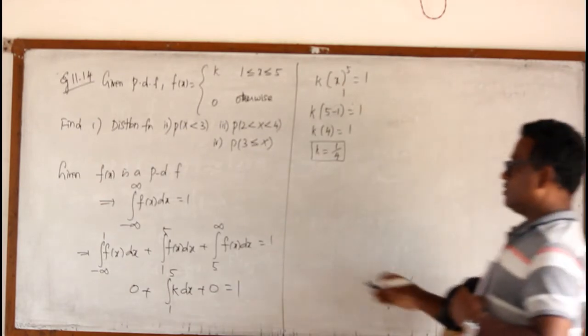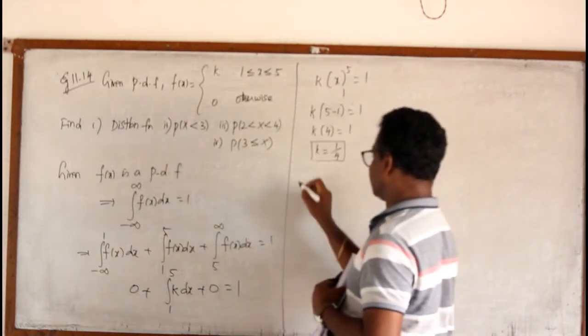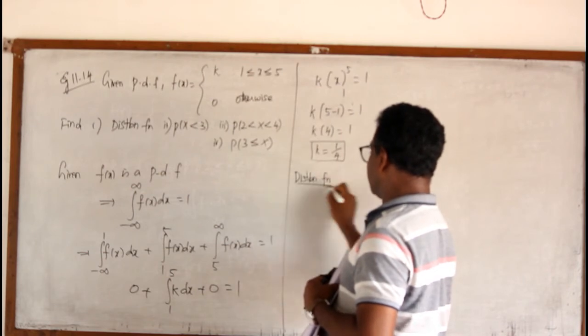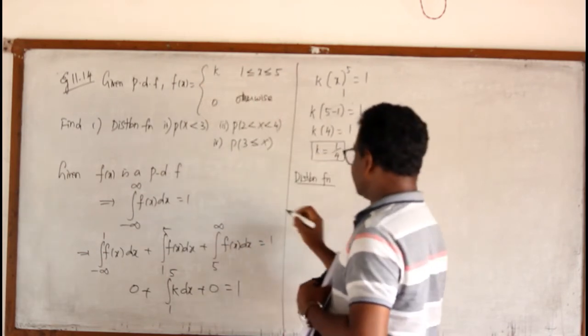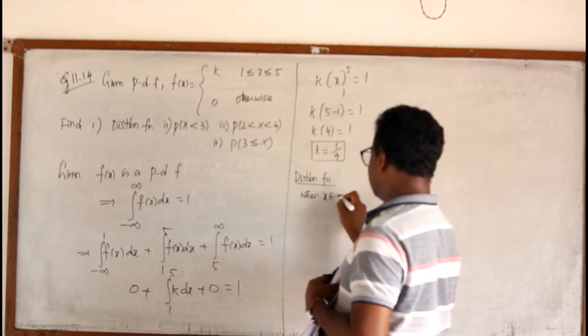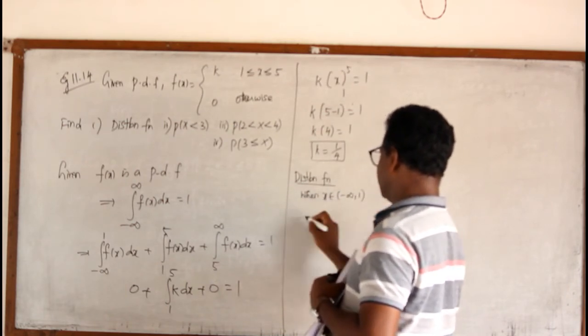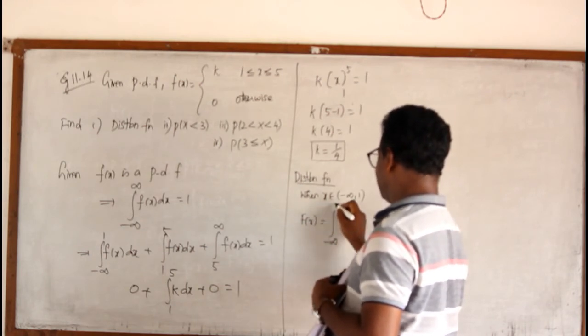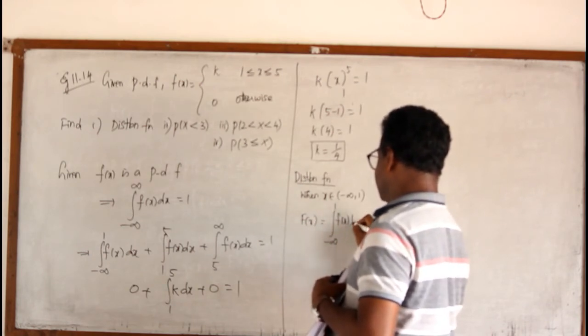Now I have to find out the distribution function. We just write the topic as distribution function. First, when x belongs to minus infinity to 1, F of x equal to integral minus infinity to 1 f of x dx.